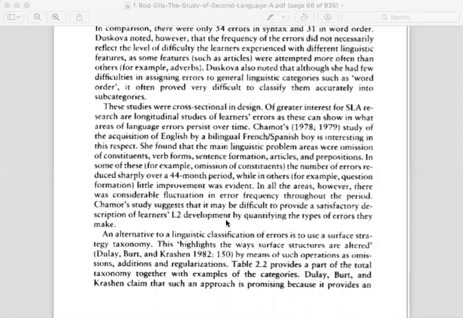Chemott's study suggests that it may be difficult to provide a satisfactory description of learners' L2 development by quantifying the types of errors they make, right? So I'm just giving you an example of a longitudinal study, because this study took almost 44 months, right?